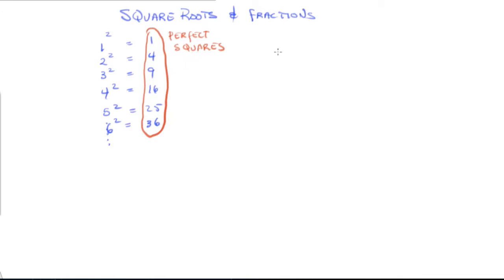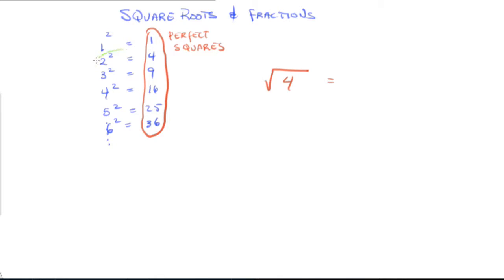The square root, written like this, means what times itself gives you the number in the square root. So if I wrote square root of 4, I would be asking what times itself gives 4. I'm going to circle this in green now.